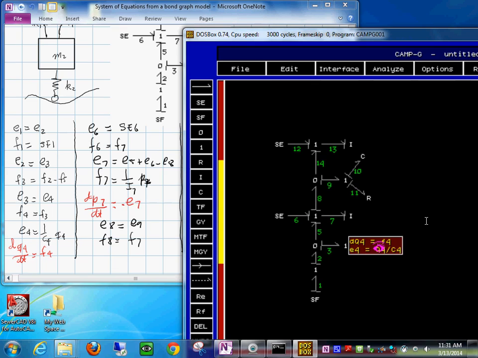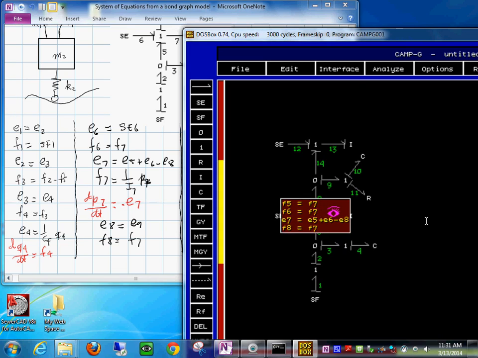That's what I have right here on the left hand side in red. And then E4 is 1 over C4 times Q sub 4, which is exactly what I have on the line above. Okay, what about here on this one junction?